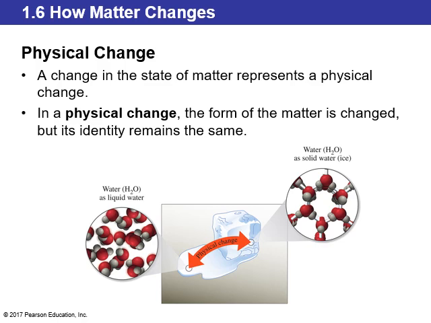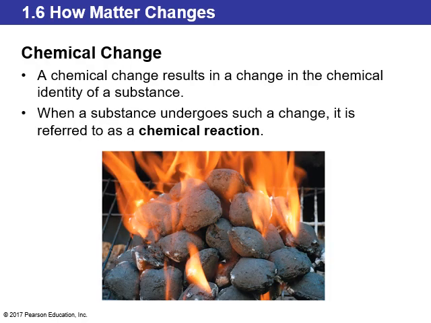A chemical change is different from a physical change. In a physical change, in the example previously, the liquid form of water was turning into the solid form of water. The substance didn't change. It was still chemically water.